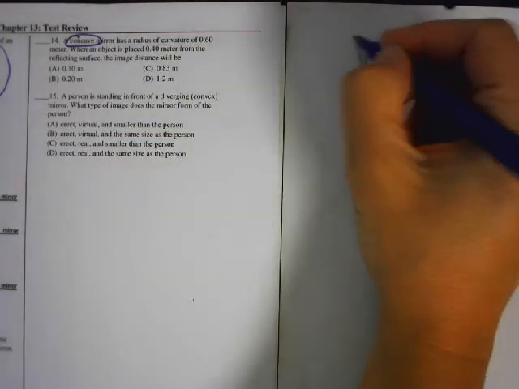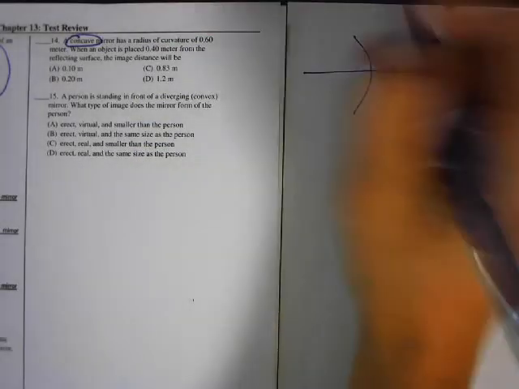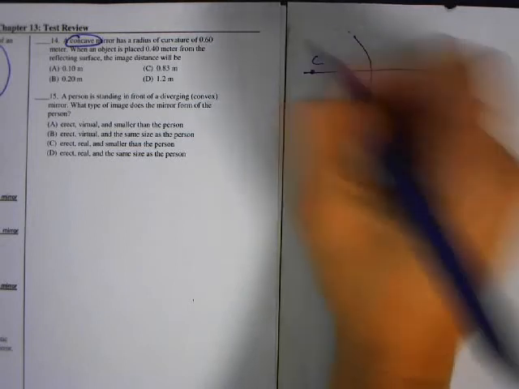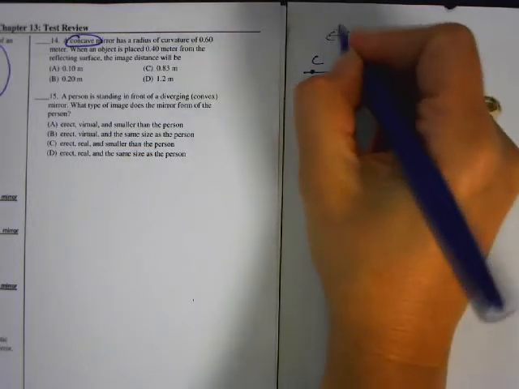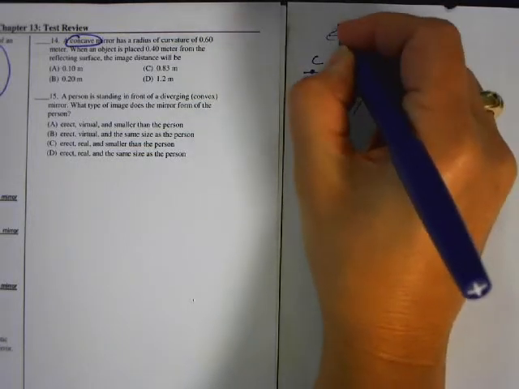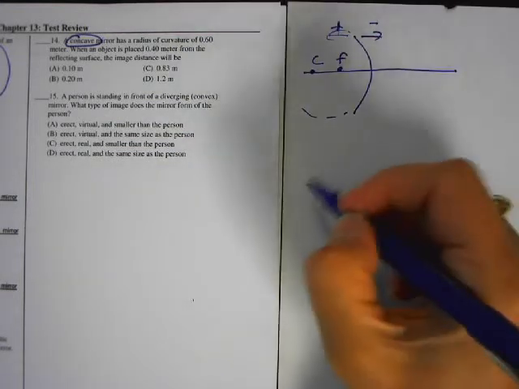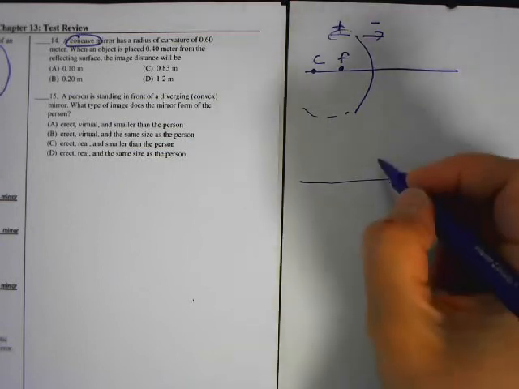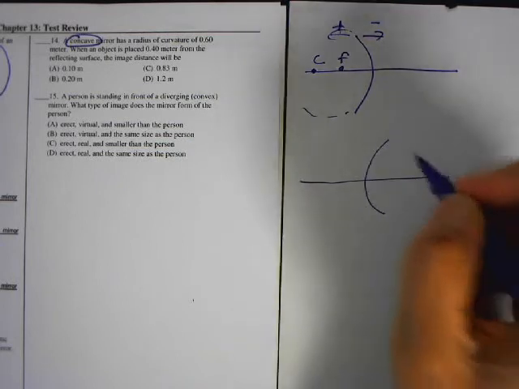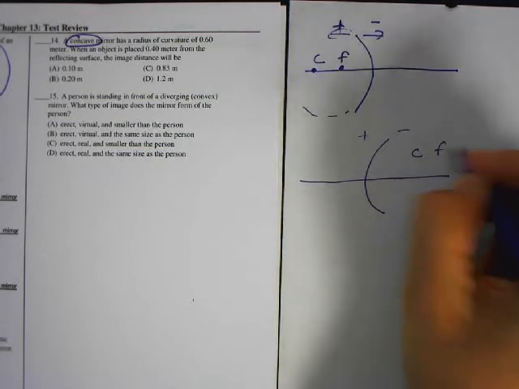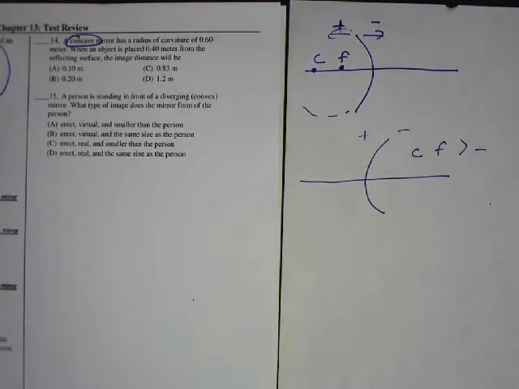For concave, when I draw my principal axis, my center of curvature, and that means if I was going to make a circle, is going to be positive, and my focal point is going to be positive. When I have the other type, which is convex, with convex, C and F are negative. So that makes a huge difference when doing calculations.